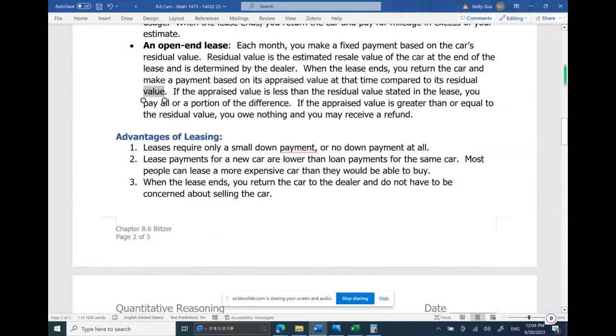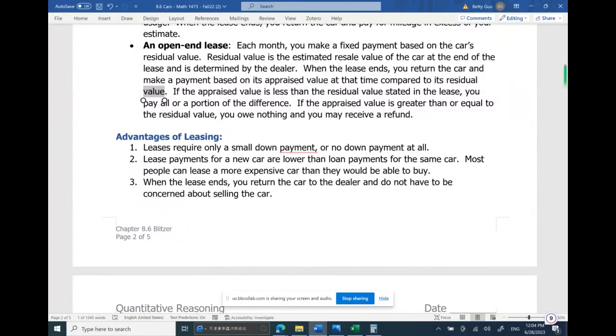My understanding is if your budget is limited and you want to drive a very fancy car and you cannot afford to buy one, then you can choose leasing. With the same money, you can lease a very fancy car. And once the contract is done, you just return it. You don't have to worry about selling the car. The disadvantage of leasing is you do not own the car. After you are done with the contract, you have nothing. You have to consider again whether you are going to buy or lease a car. You're going to face the same problem.